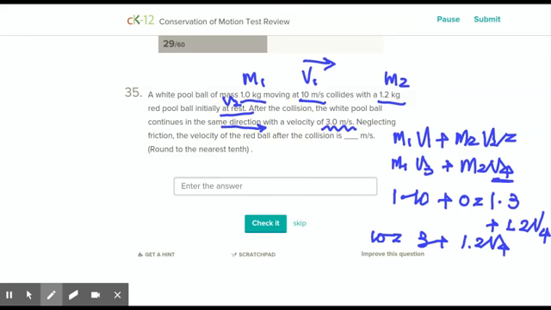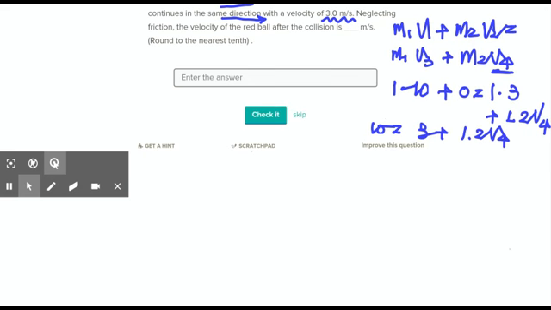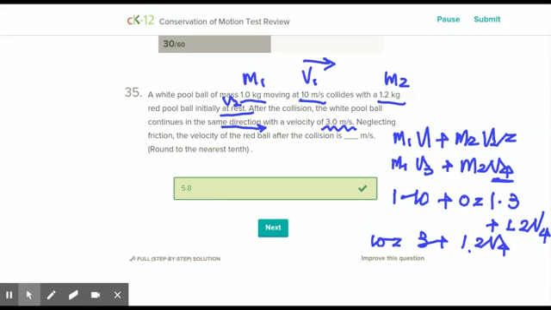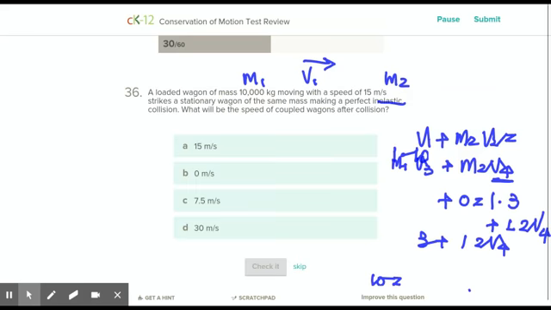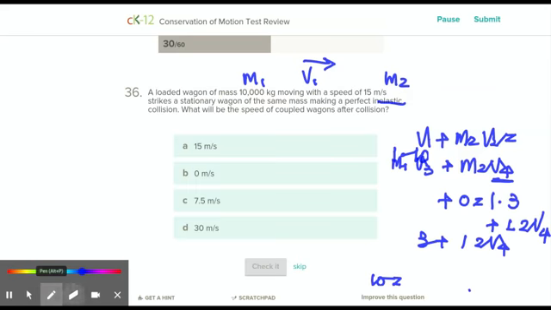And then 7 divided by 1.2 is 5.8 to the nearest tenth. So it's 5.8. Let's see if it's 5.8. Okay. 5.8. Correct. All right, next, 36.